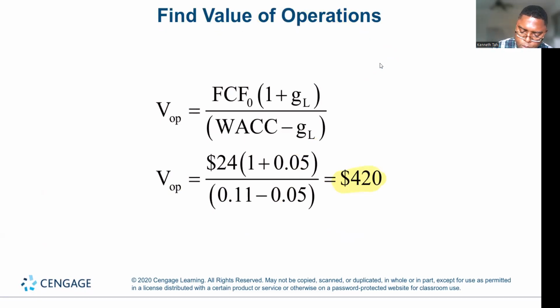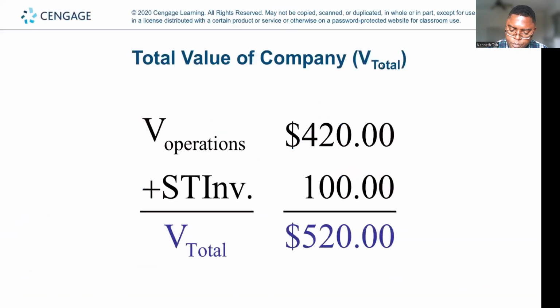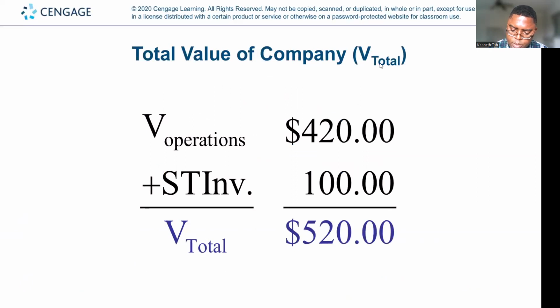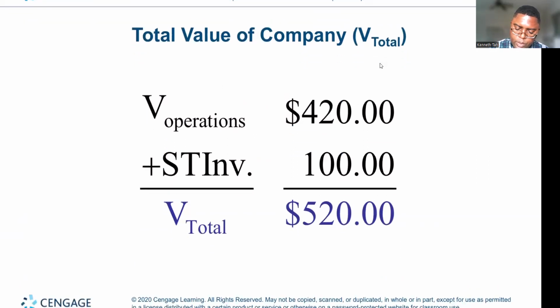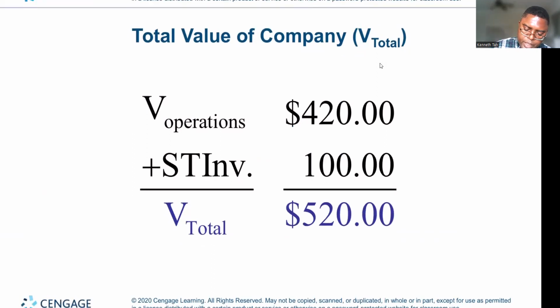So notice that this $420 million is the value of operation, but we are interested in the value of equity. So if that is the value of operation, then we are going to add short-term investment. So we know that the total value is equivalent to value of operation plus short-term investments.